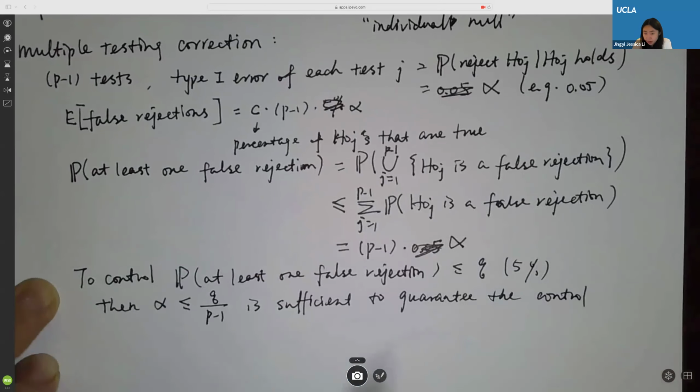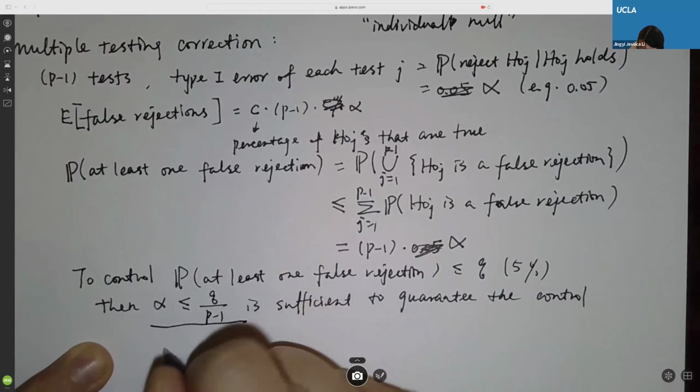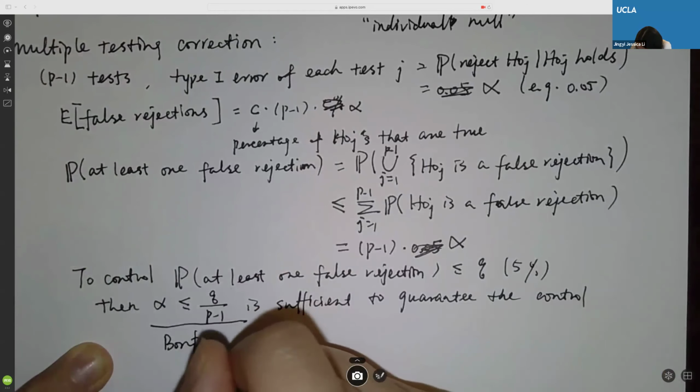So the logic is that if we set our significance level to be very, very small, then we can control this probability of making at least one false rejection. And this is called Bonferroni correction.